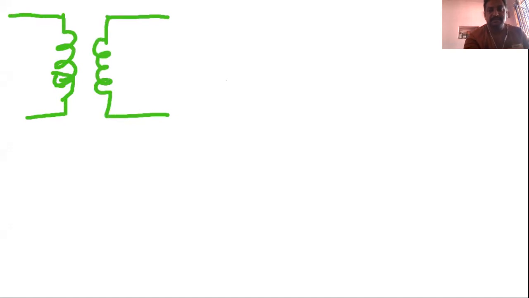Parallel aiding means both the dots are at either the entering node or the leaving node.